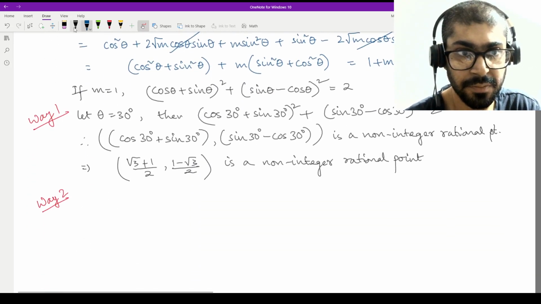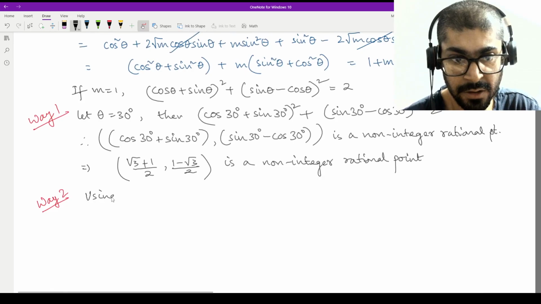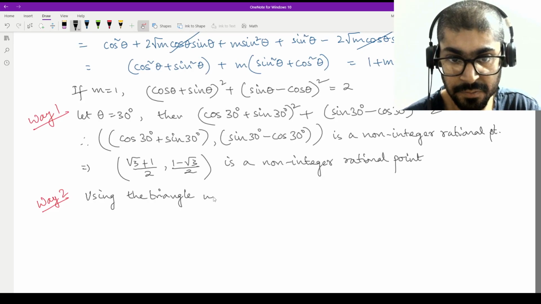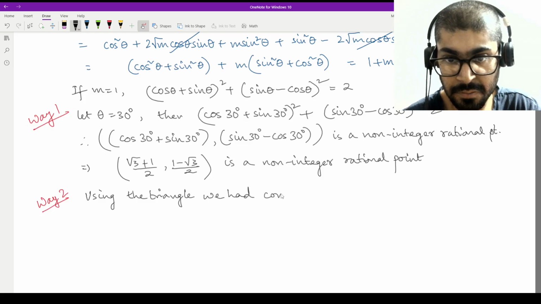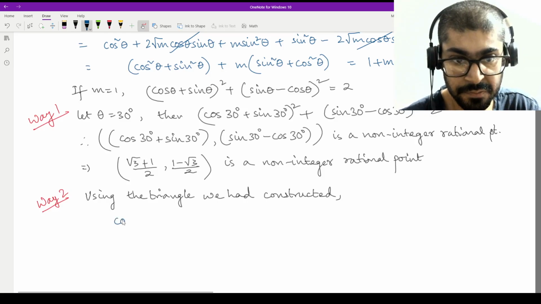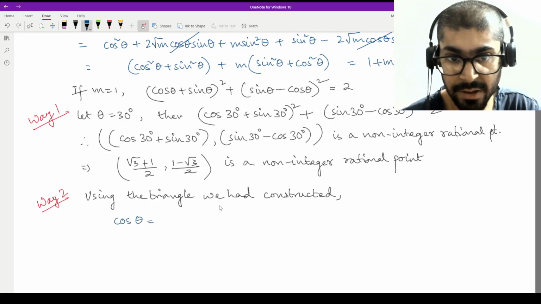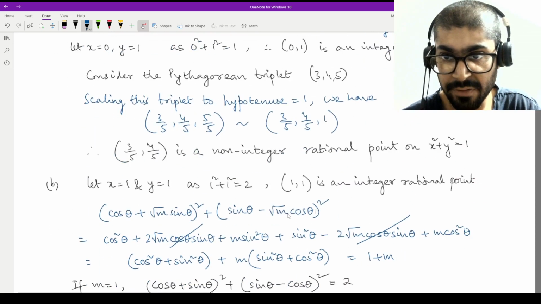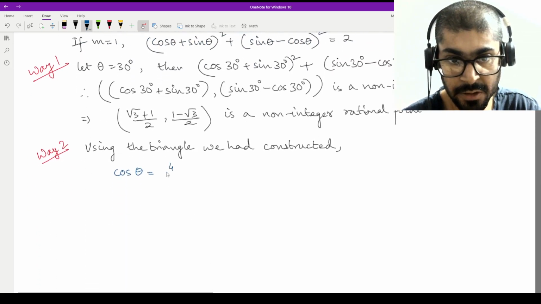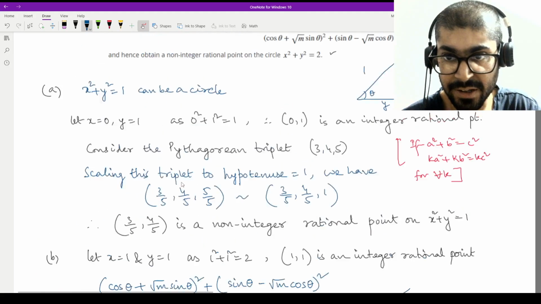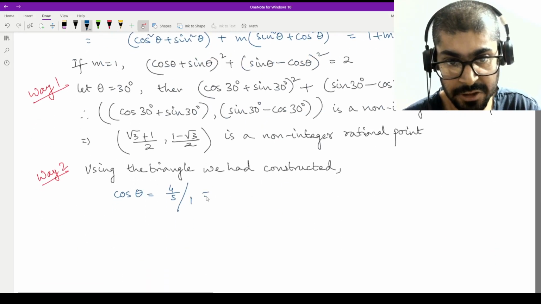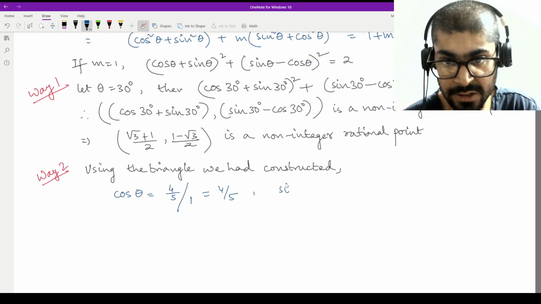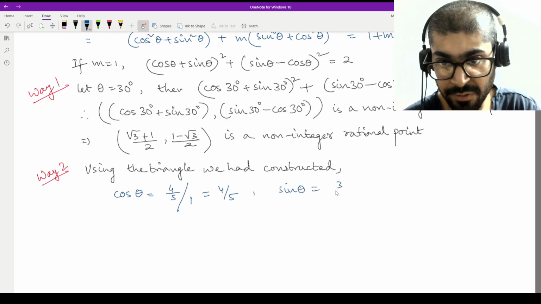So using the triangle we had, I can calculate cos theta. Cos theta will be, we have base 4 by 5 divided by the hypotenuse 1, which is basically 4 by 5, and sine theta, same logic, 3 by 5 divided by 1, which will give us 3 by 5.